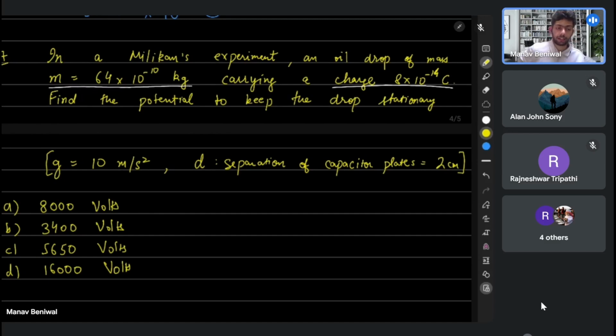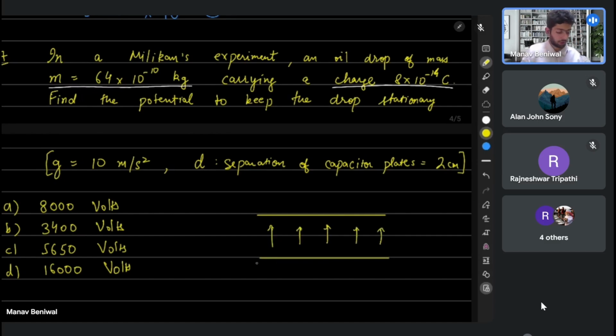Notice that the charge in this problem is positive, so the electric field which we will be applying will be in the upward direction. So your capacitor plates will look something like this, right? And you'll have an electric field in the upward direction.